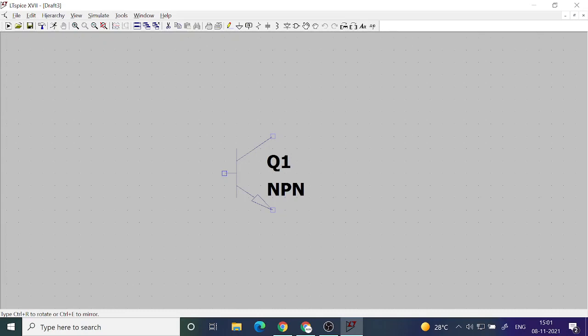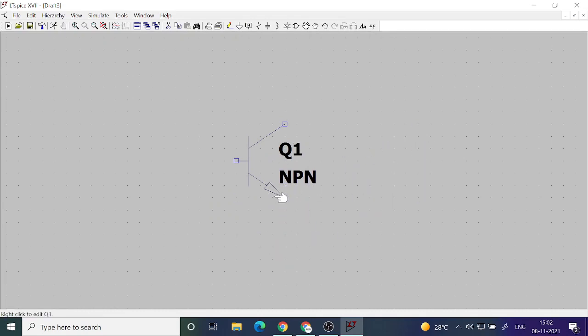We are not interested so much in what is happening inside. That we will study in the theory, but how the current and voltage are related in a BJT. BJT means bipolar junction transistor. So there are three terminals here. Their names are emitter, the one with the arrow.